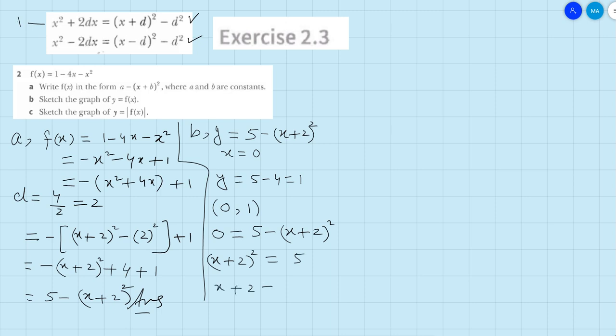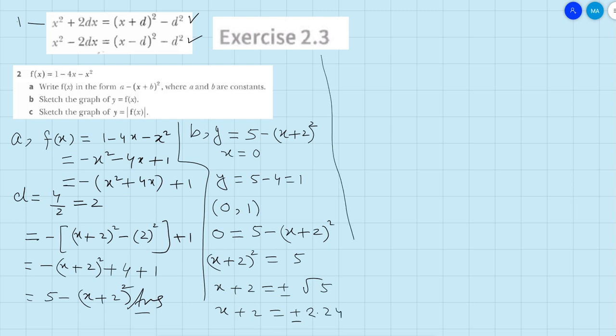Taking square root on both sides, it will be plus minus root 5. x plus 2 equals plus minus root 5. Find out the answer of root 5 with the help of a calculator and write the answer in two decimal places. So the answer is 2.24.